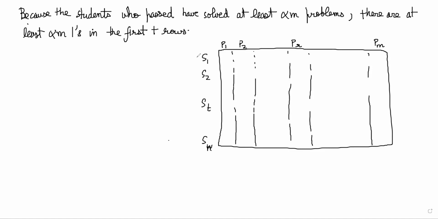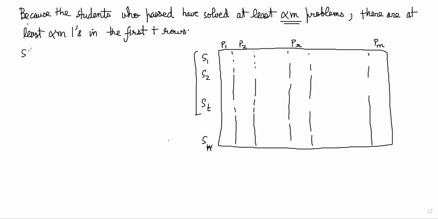Why? Because the first t rows are the students who passed, and for passing, you need to solve at least alpha m problems. So every student who passed has at least alpha m or more ones in his row, right? So there are a total of alpha m ones in every row for the first t rows, for all the students who passed.